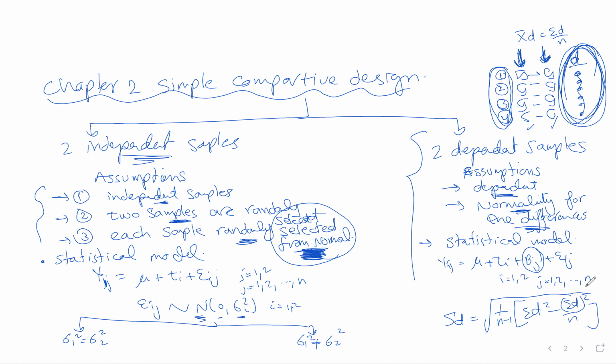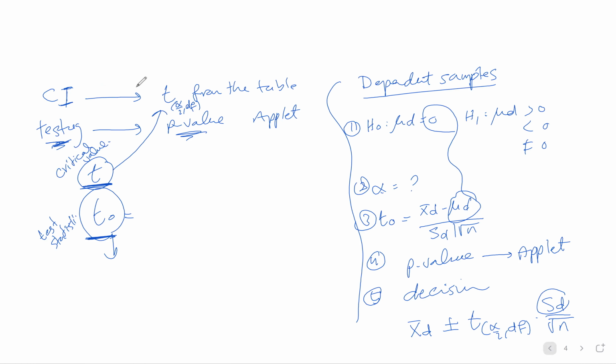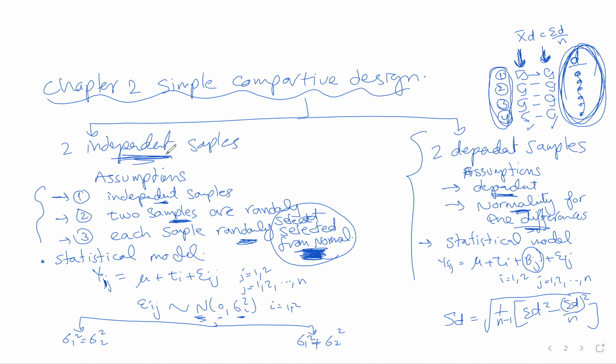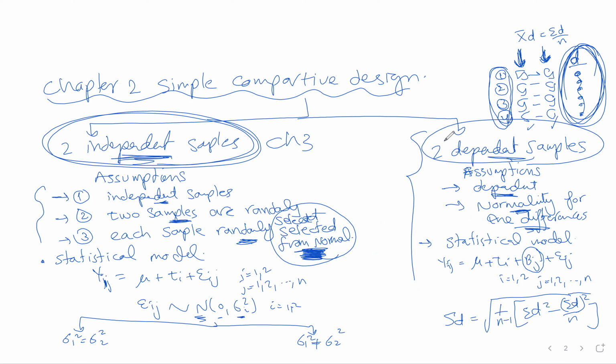Okay, so let's go to chapter 3. This one is the generalization of two independent samples, because we covered two independent samples and two dependent samples. This one will be generalized in chapter 3, and this one will be generalized in chapter 4.